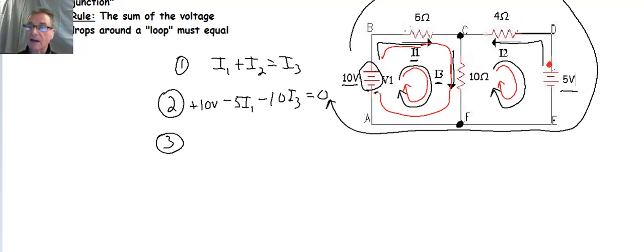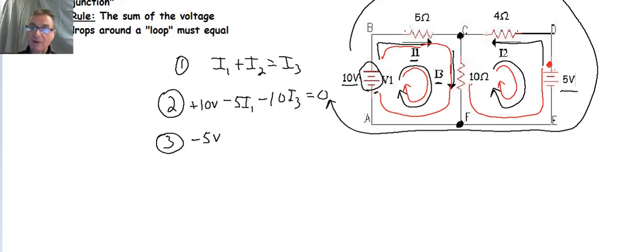So what do I have? I have minus 5 volts. And again, I'm going to leave the units out in a minute when we're just analyzing the equations themselves. So I start here, and I've got a voltage drop going around the battery in this direction. And now I get to my 10 ohm resistor. Well, what's the direction of the current that we guessed, I3? It's in the downward direction.